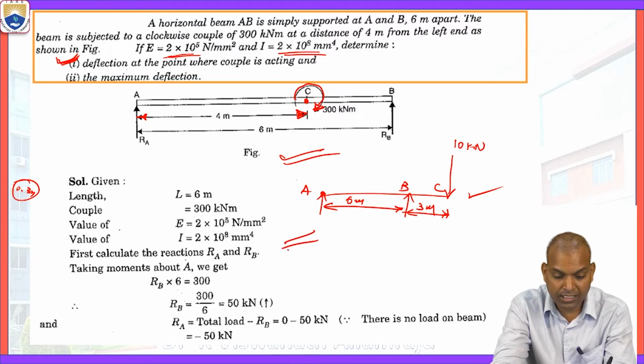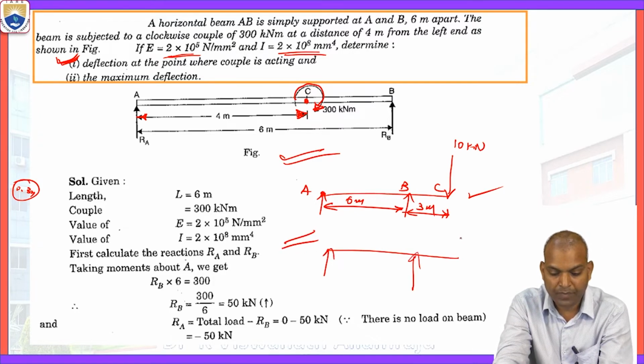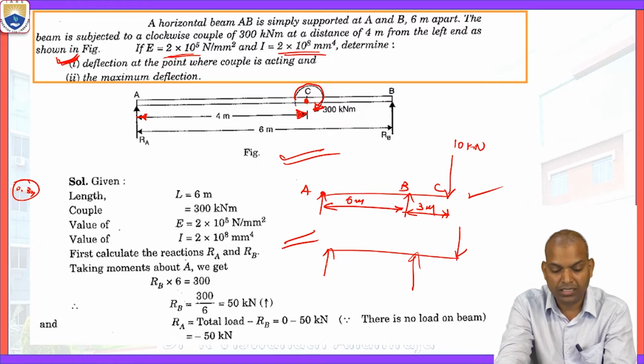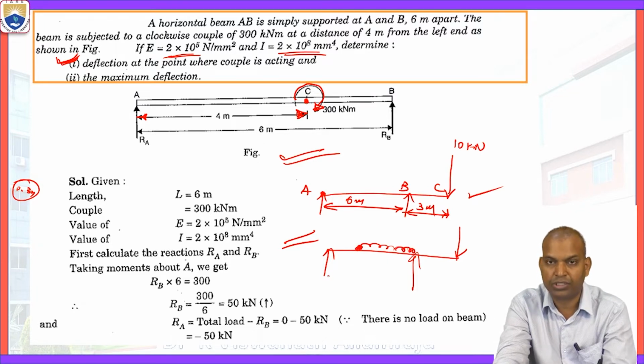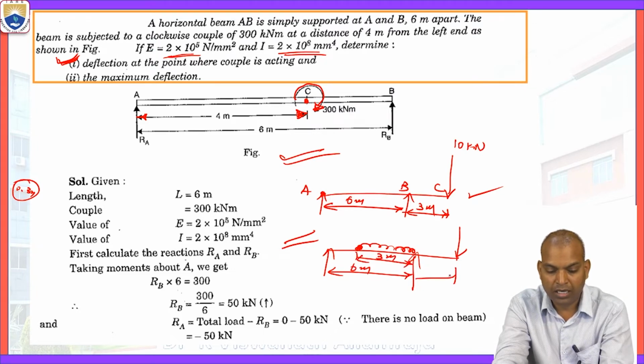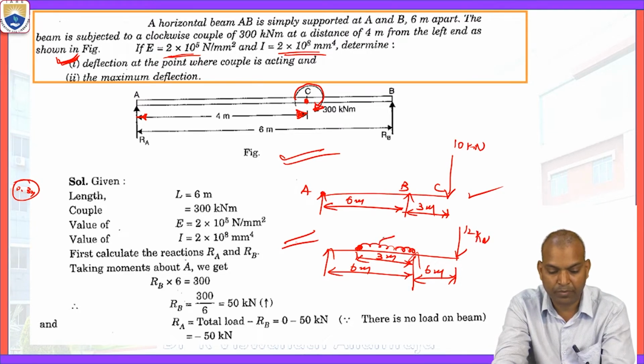But there is another case we considered. It is an overhanging beam, but the uniqueness is that a uniformly distributed load acts over a certain portion. The beam is 6 meters, with a 3 meter portion carrying UDL, and 12 kilonewtons load active, with 4 kilonewtons per meter.